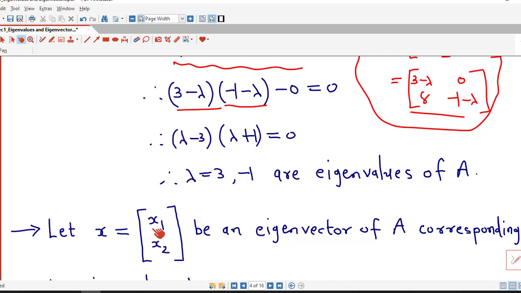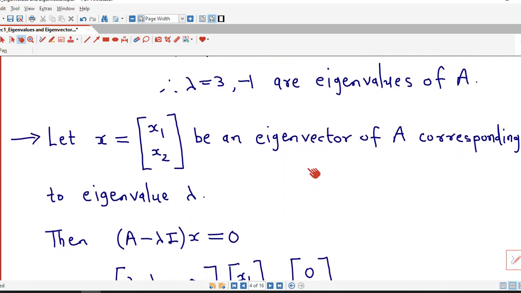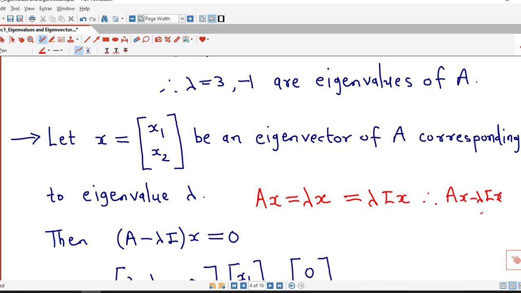So we start with this notation for the eigenvector. Let x equal to (x1, x2) be an eigenvector of A corresponding to eigenvalue lambda. Then by definition we have A x equal to lambda x, and this is nothing but lambda I x. Therefore A x minus lambda I x equal to 0, and so we have (A minus lambda I) x equal to 0.